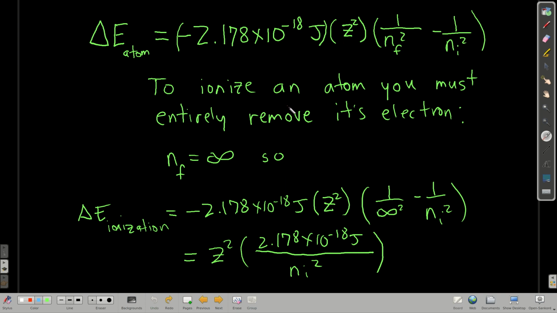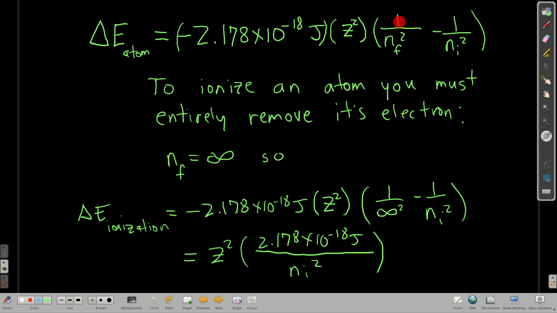The other thing, another form of this equation really, is when we're talking about ionization. To ionize an atom means to remove an electron. If it's a hydrogen or hydrogen-like atom, that's only one electron, so we're removing its electron. And so to ionize an atom, the way we describe that is we say n final in this equation goes to infinity. Now, if you take the limit as n goes to infinity of 1 over n squared, it goes to 0.